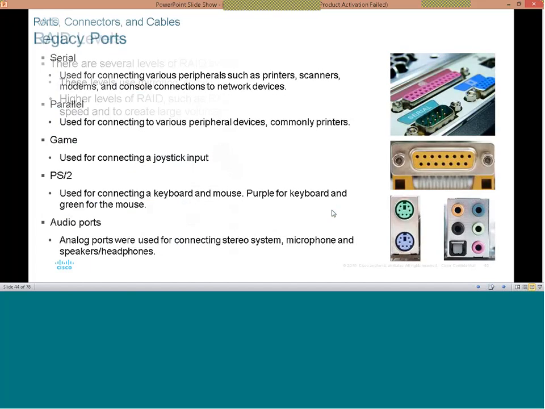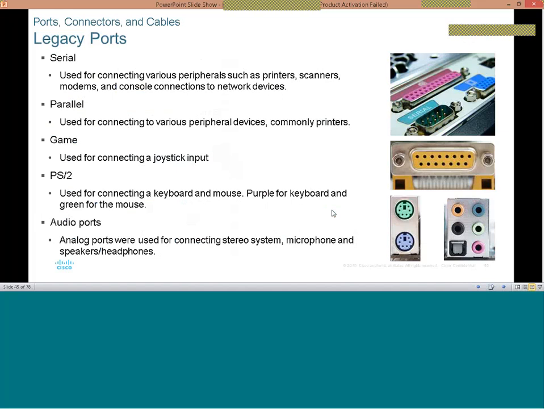And so we'll be looking here at legacy ports. Okay, so serial ports are used for connecting various peripherals such as printers, scanners, modems, and console connections to network devices. Like serial ports, we have the parallel, also used for connecting various peripheral devices like printers.